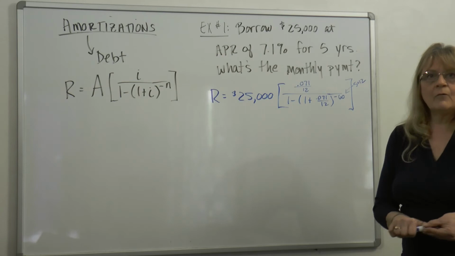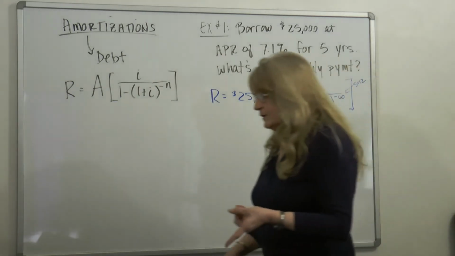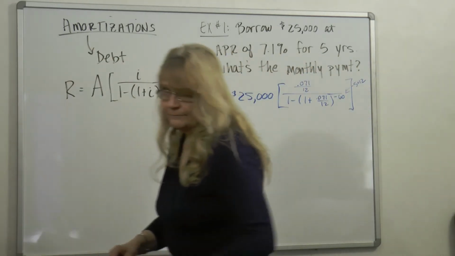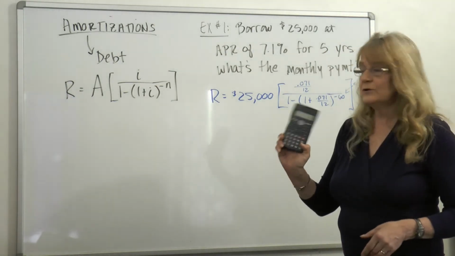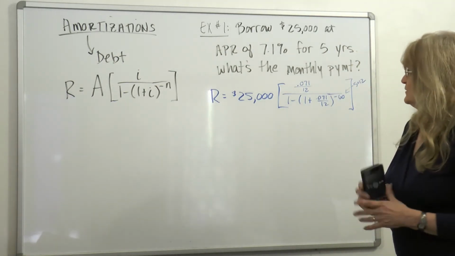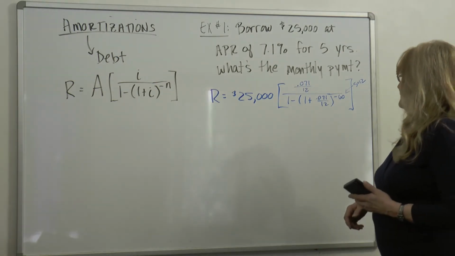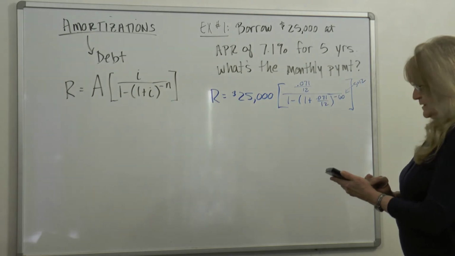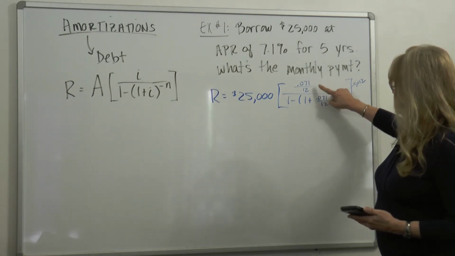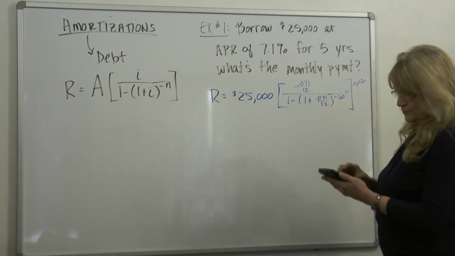Super easy to figure out what goes where. Putting it in your calculator can be a little tricky, and everybody's calculator is a little different. I love my tried and true old Casio. The easiest way, what I would recommend, is to figure out what this value is, 0.071 over 12.